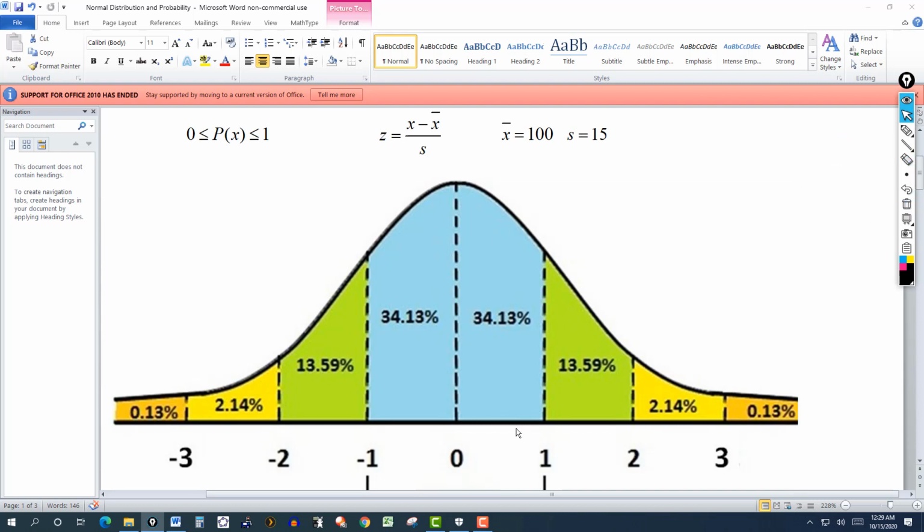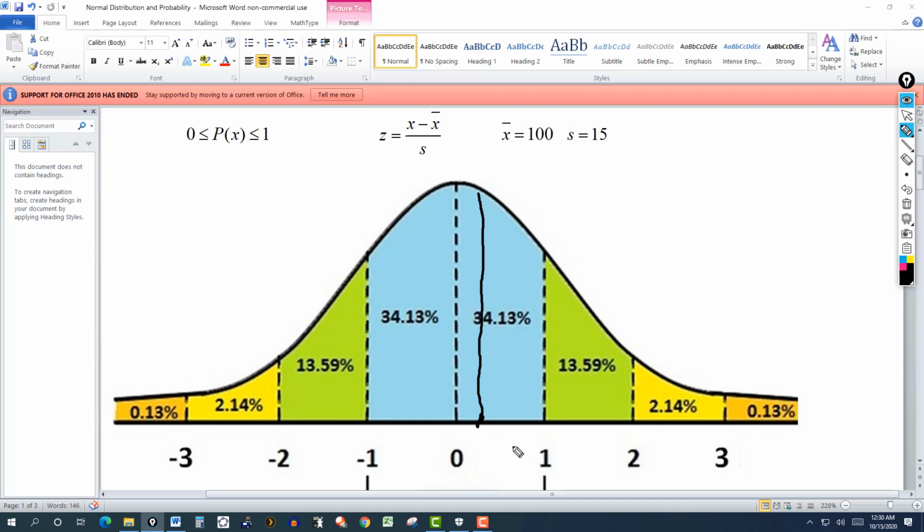So again, what happens if I wanted to find, say, the area between this z-value and the mean? So going from here to here. So let's say I wanted the probability here. Then I would have to get the z-value. I'd have to use this, subtract the mean, divide by the standard deviation, and I would get some decimal over here. It'd be positive because it would be above the mean.